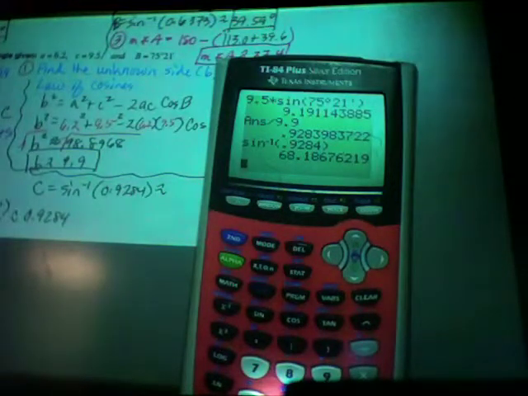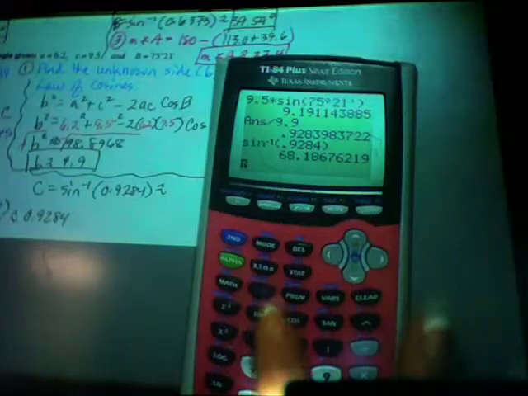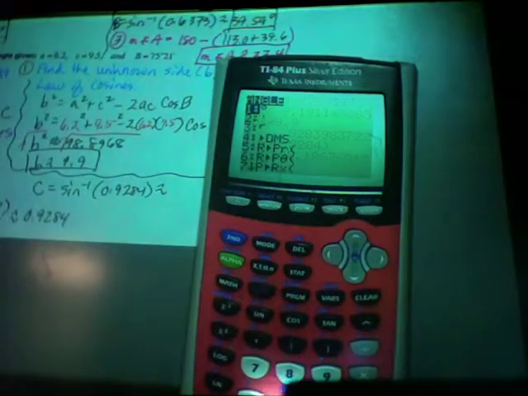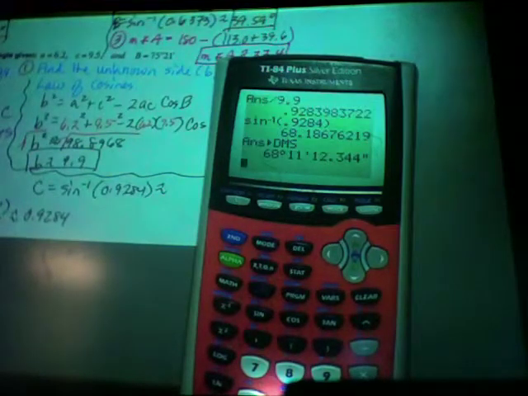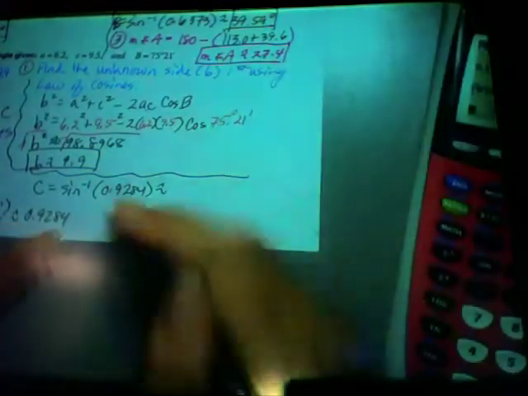Now, since the original one is in degrees and minutes, do you want to find yours in degrees and minutes? How do you do that? Second apps, and then see the DMS. So you want to hit 4. So now we have 68 degrees, 11 minutes, 12 point whatever seconds. So just go out to your minutes. So 68 degrees, 11 minutes.